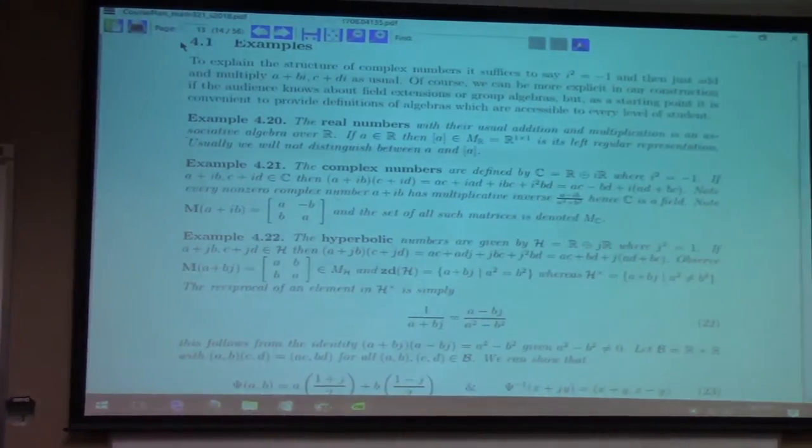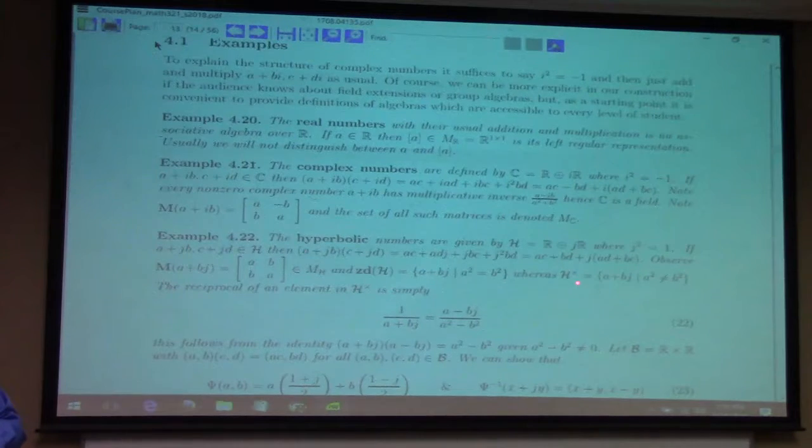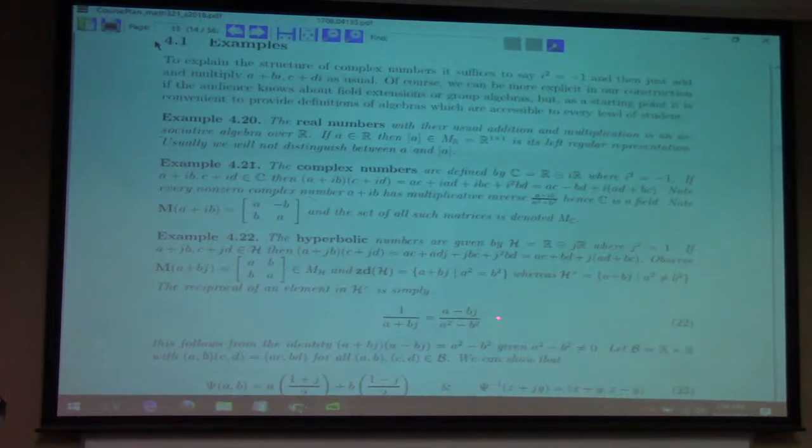Zero divisors, as we worked out last time, occur when a squared equals b squared. So there are really two pieces, the y equals x and the y equals minus x piece. The reciprocal is really cool. This is 1 over a plus bj.